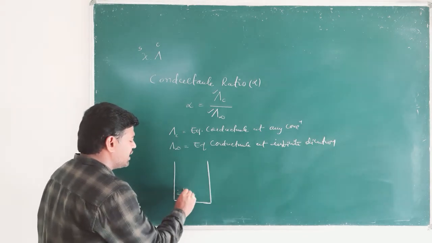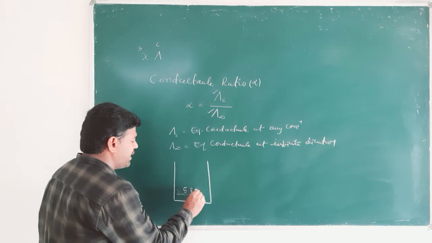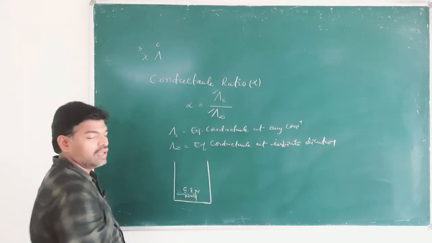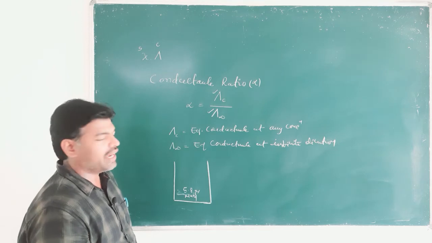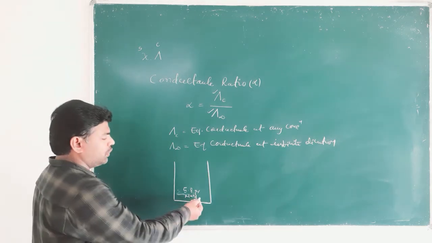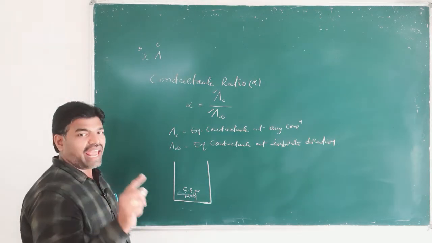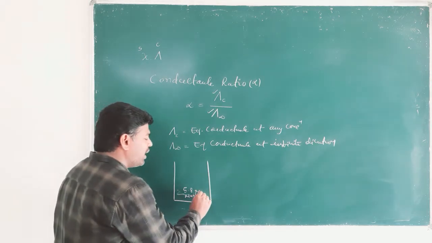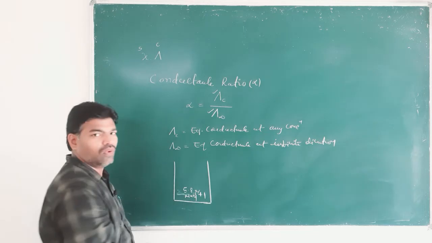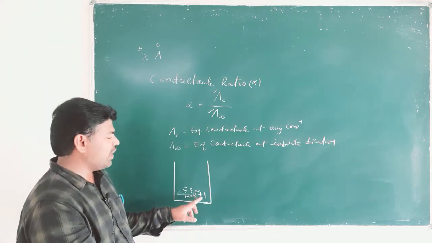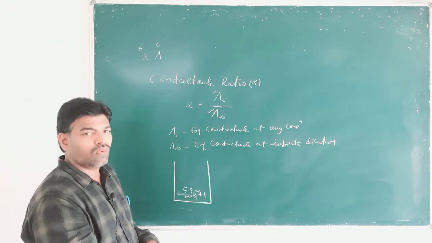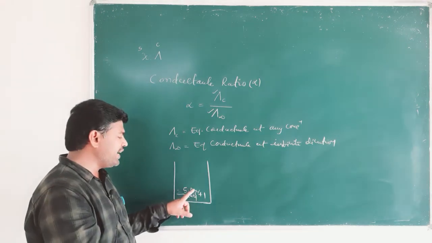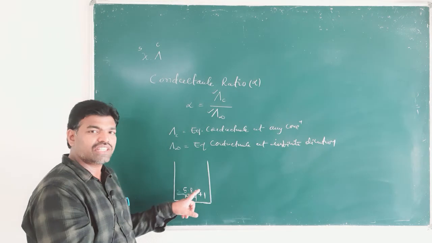In this 10 liter container we shall take 5.8 grams of sodium chloride. To this let us add 1 liter of water. So 1 liter of water in which 5.8 grams of sodium chloride is dissolved.